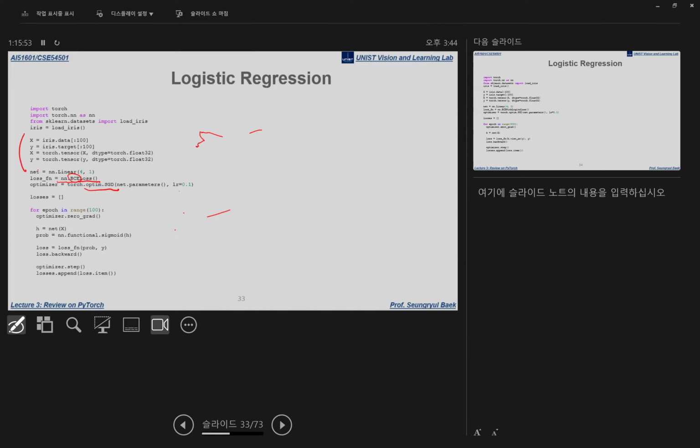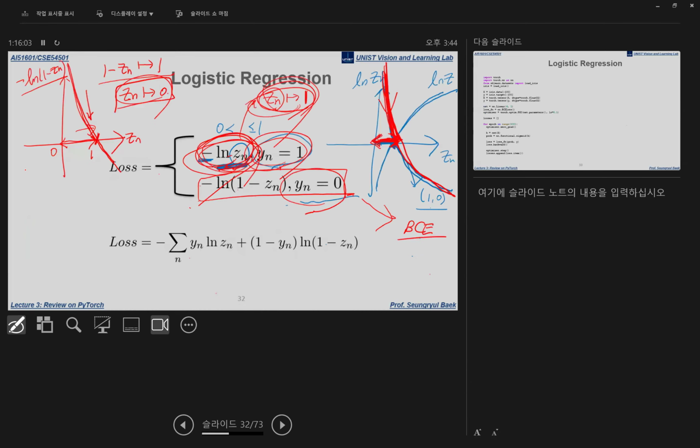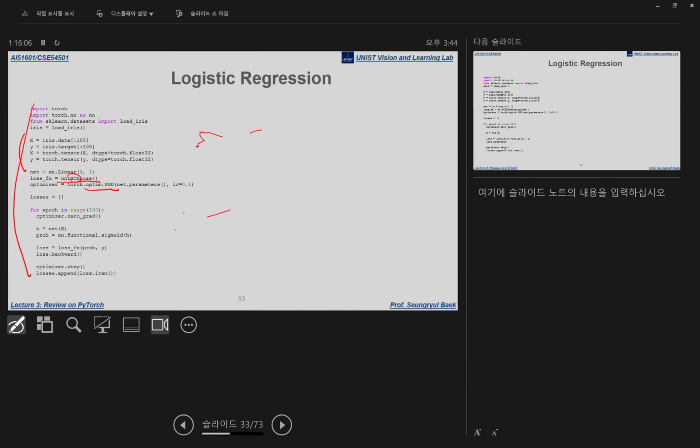Because our data now is classification data, rather than regression data. I will further explain that next class, okay? So this code, I will further explain later, but the thing you have to understand here is that the same flow of training code remains, but only the loss function has changed.